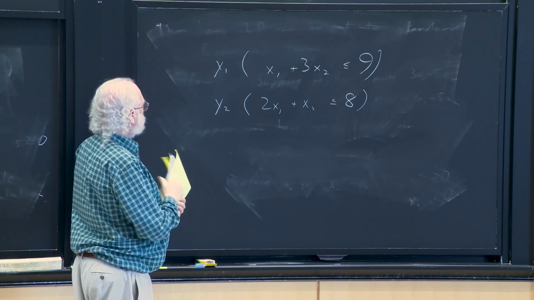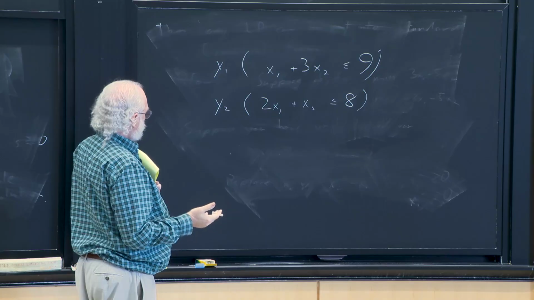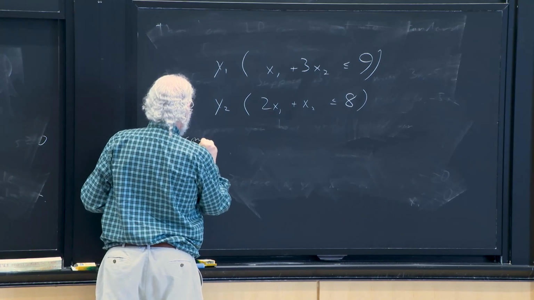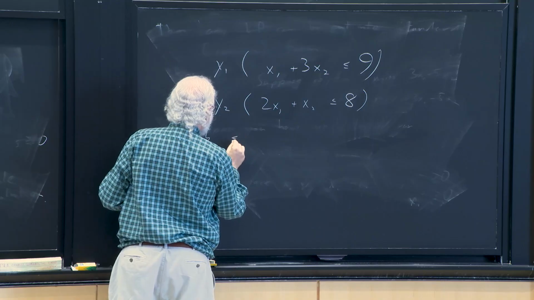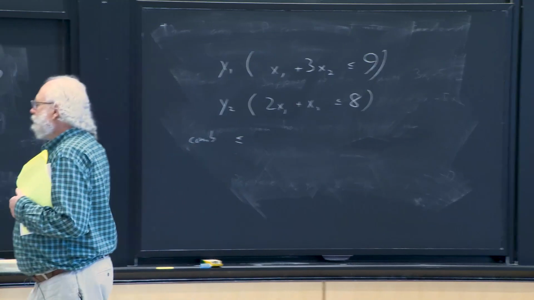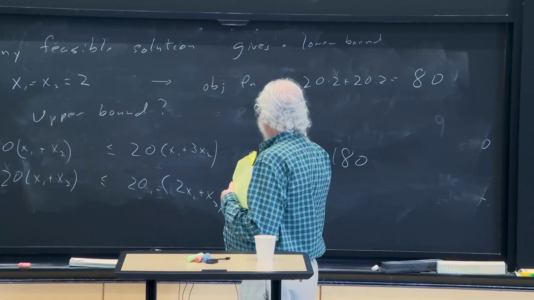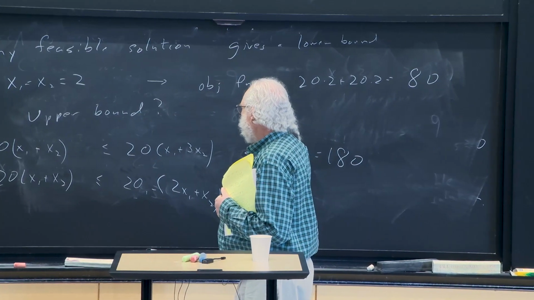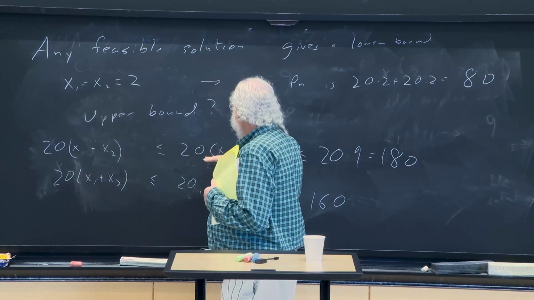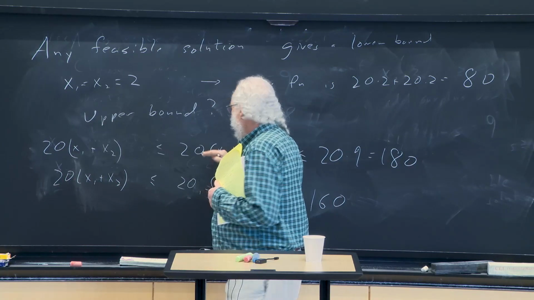And now we want 20x1 plus 20x2 to be less than or equal to our combination.